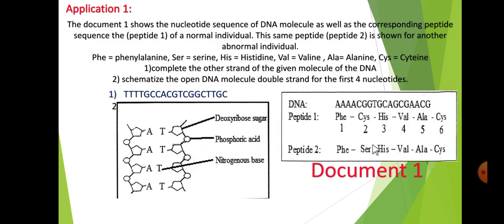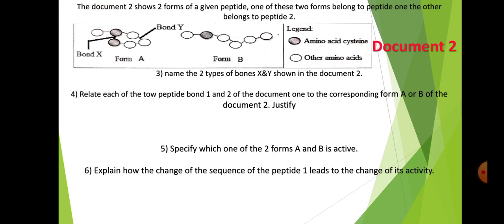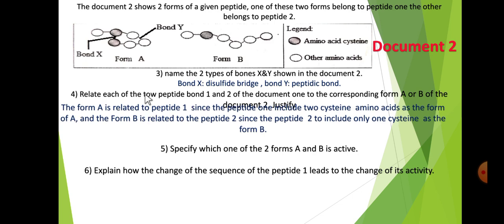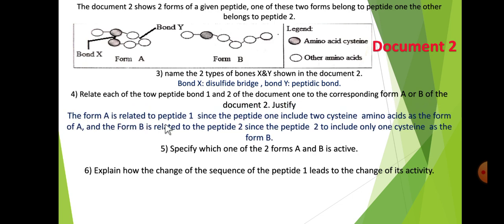We said it depends on the number of cysteines. Since here there are 2 cysteines, peptide 1 belongs to form A, and since here there is 1 cysteine, peptide 2 belongs to form B. So form A is related to peptide 1 since peptide 1 includes 2 cysteine amino acids like form A, and form B is related to peptide 2 since peptide 2 includes only 1 cysteine like form B.